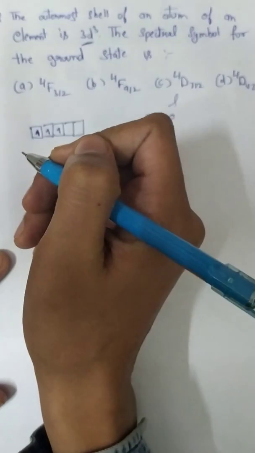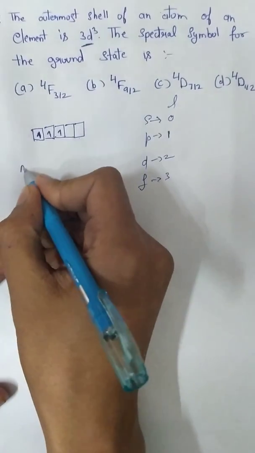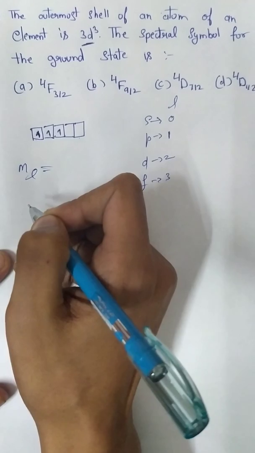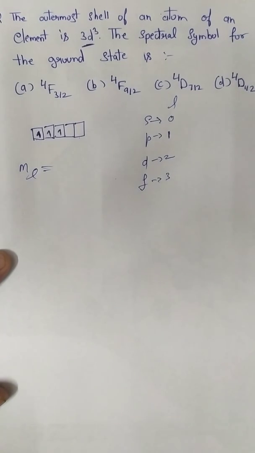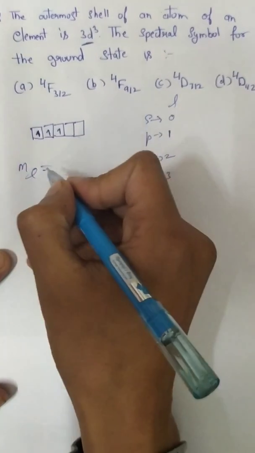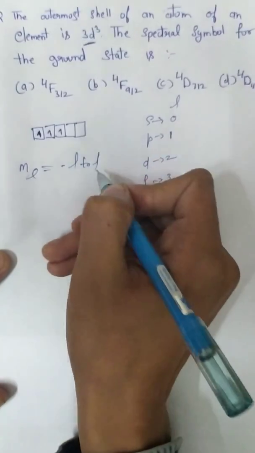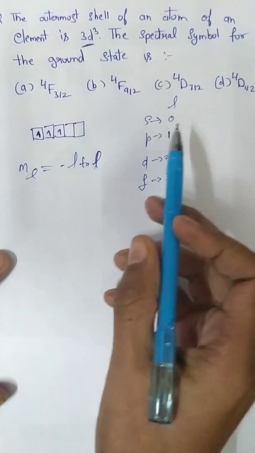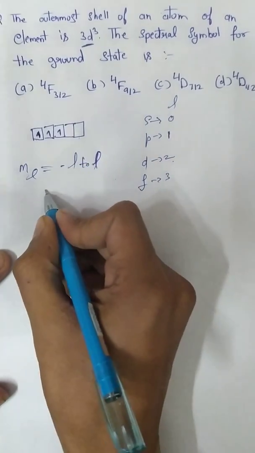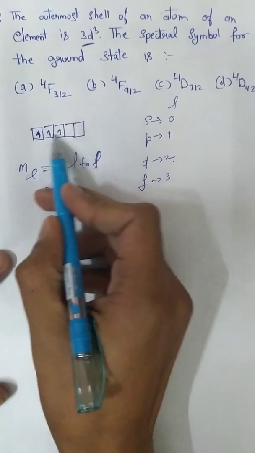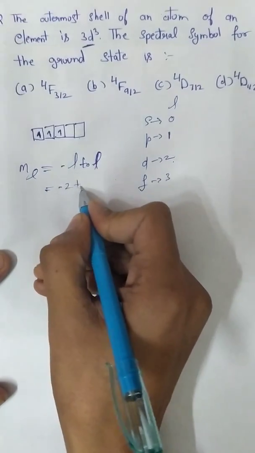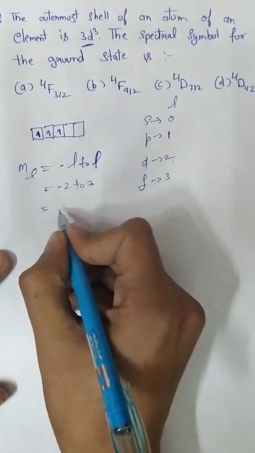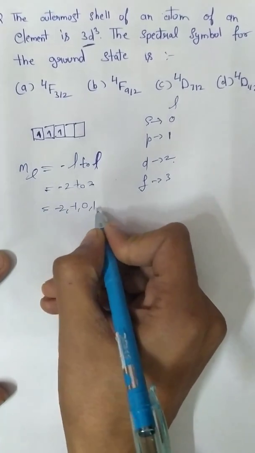First of all, you should know the magnetic quantum number ml for all the orbitals. ml is the magnetic quantum number that represents the possible states, or possible wave functions, and it has values from minus L to L. As I told you, the D subshell has L value 2, which means ml for the orbitals in the D subshell would be minus 2 to 2, which is minus 2, minus 1, 0, 1 and 2.